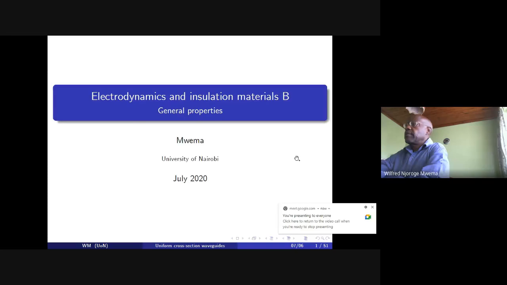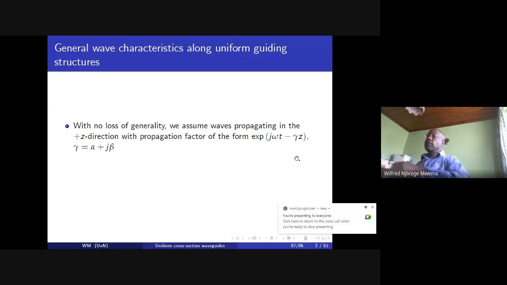Yes. So we are going to look at wave propagation along uniform guiding structures. Now we are going into the realm where we have only a single conductor, or structures that have only single conductors to guide the wave.